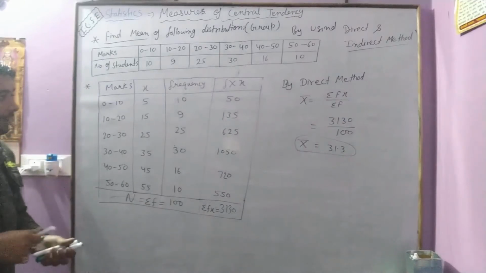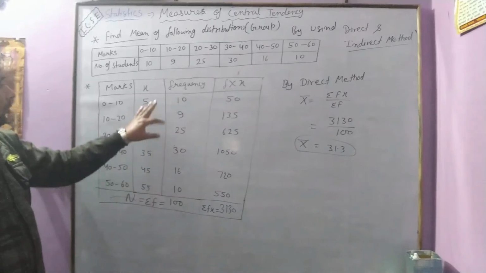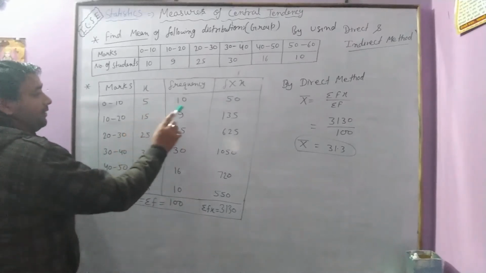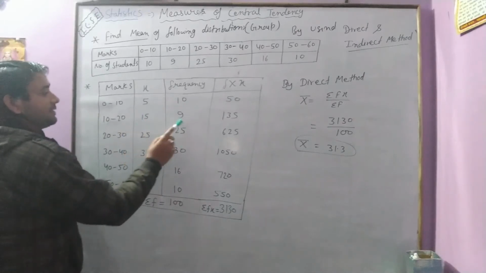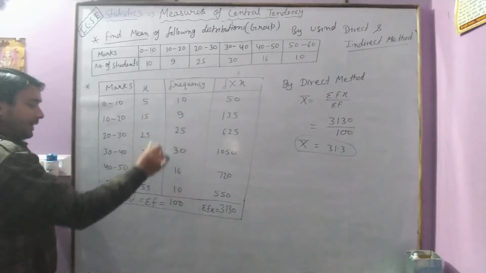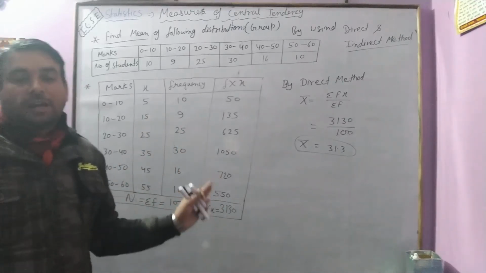But students, as you assume here, there are very big calculations to find the results. That is 5 into 10 is easy, this also easy, but when we reach the calculation downward, we observe these are much higher calculations.